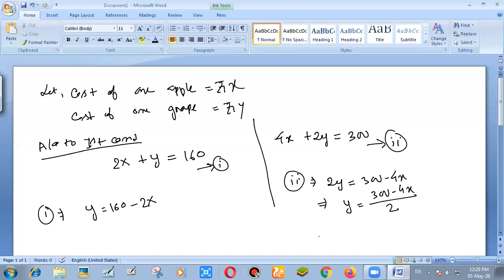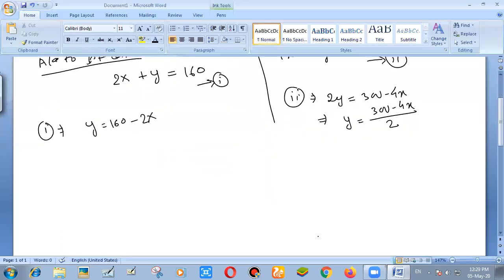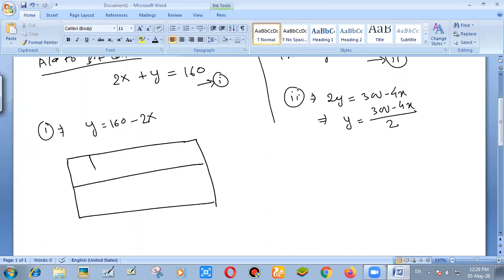You have to make two tables. Now see, if you put x equal to 50, then what will be the value of y for this equation? Find out the value of y.